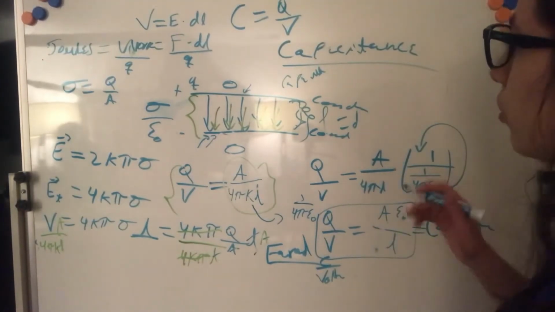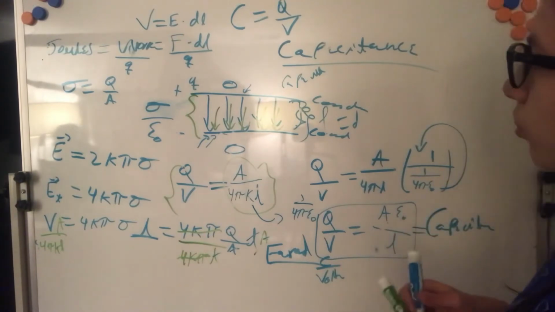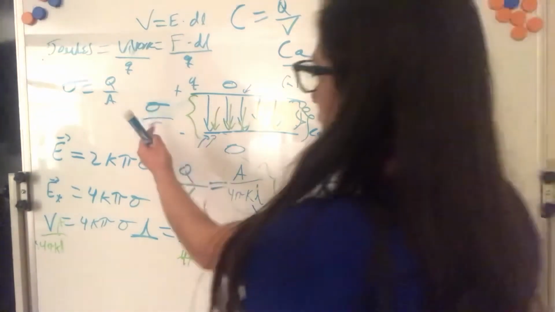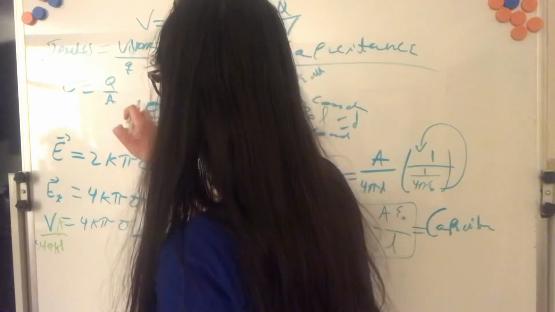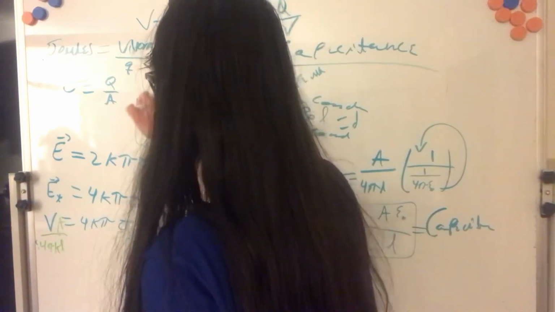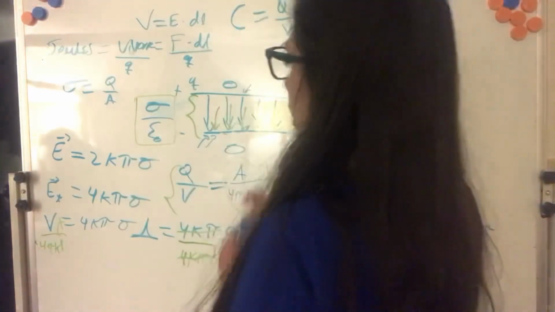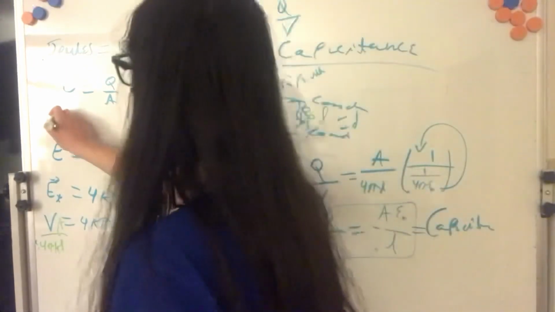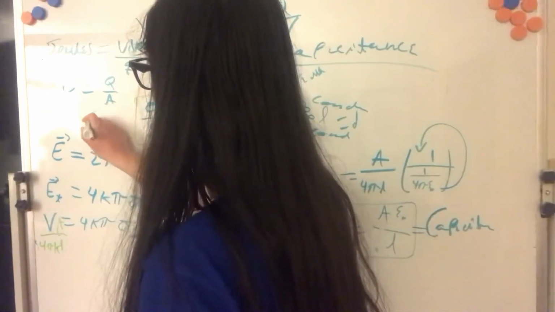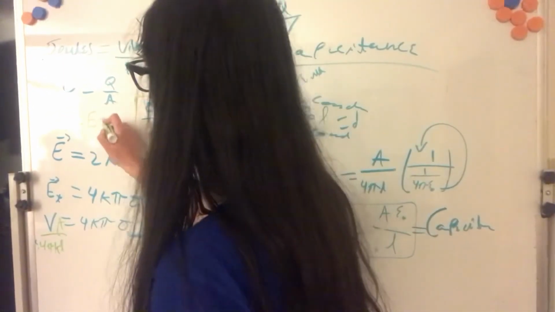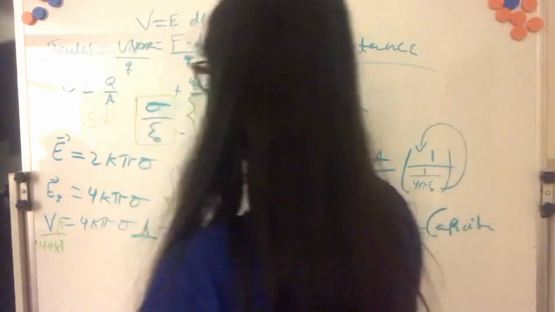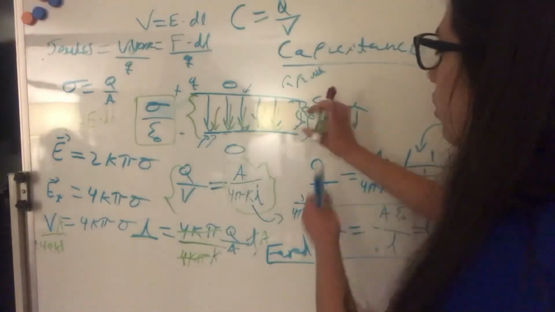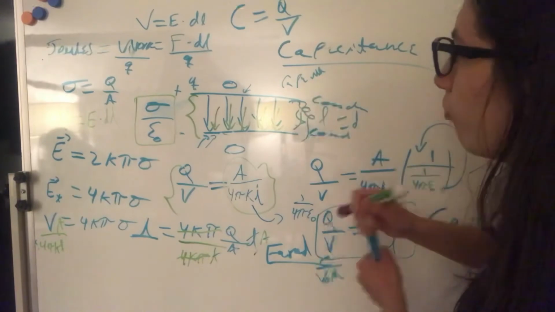Another way to do it is, we know that this is the electric field, and the voltage is the electric field times the separation.